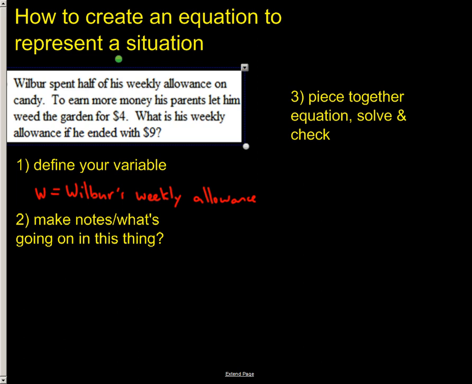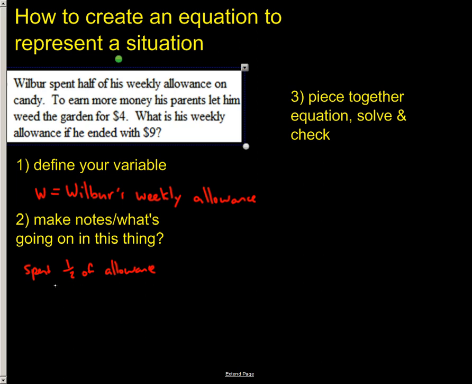All right, make notes about what's going on. Wilbur spent half of his weekly allowance. And you know what? I could have just put W because W equals his weekly allowance. So I could have just made a note, spent half of W, and then that would help him remember what the W stands for. So he spent half of it on candy.